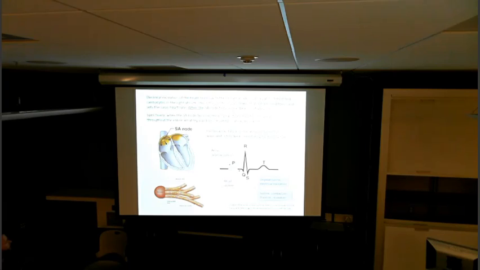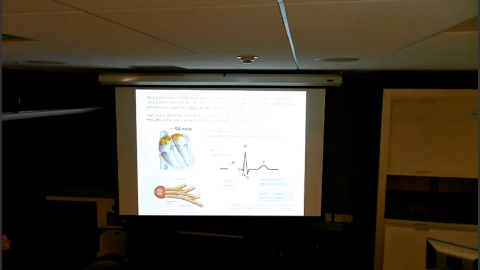When the atria become excited from this SA node firing, you get this little P wave right there. So atrial excitation, or more appropriately, atrial depolarization. Depolarization means when something is electrically excited. Atrial depolarization is represented by this P wave right there.